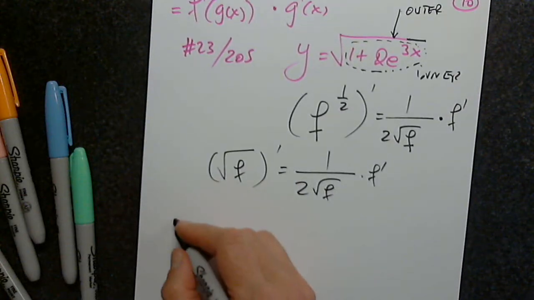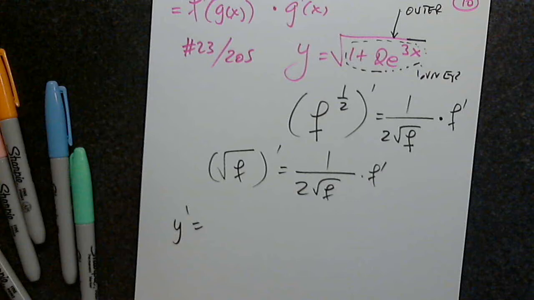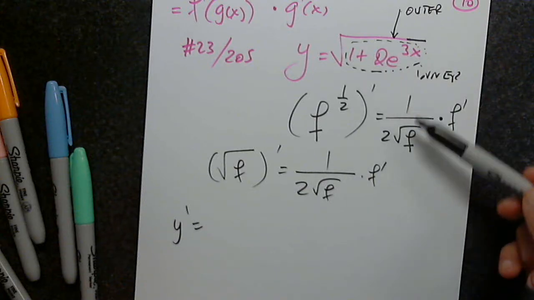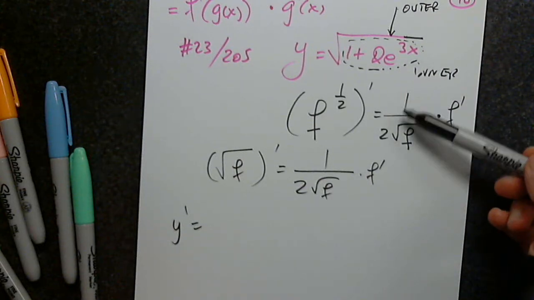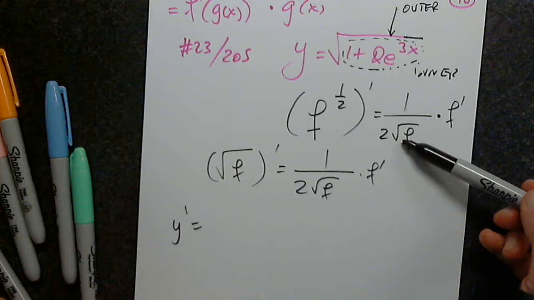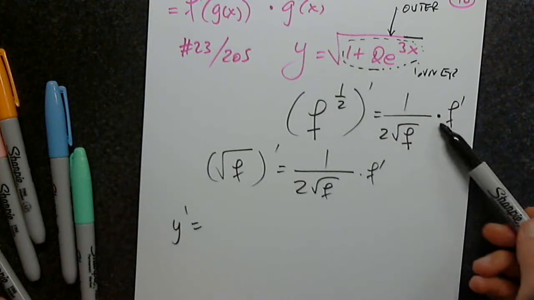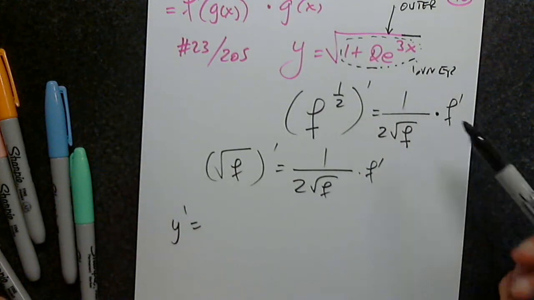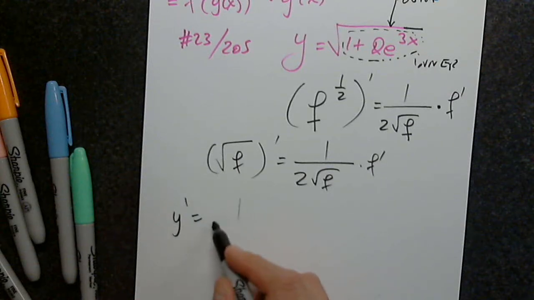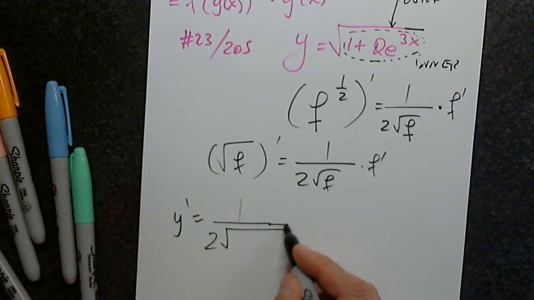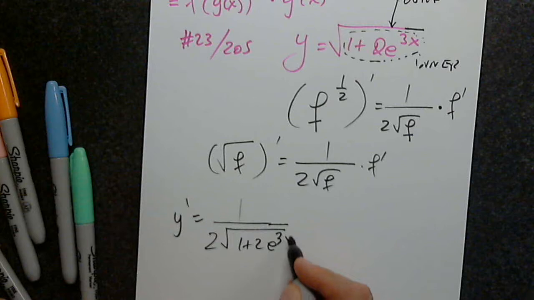So then, can anyone give it a shot? How do I write y prime? All I have to do is just fill in the blanks. I have to write 1 over 2, I have to write the square root of what I have here, and I have to differentiate this function up here. So 1 divided by 2, the square root of 1 plus 2e to 3x, and now I have to be careful and differentiate the inner function.